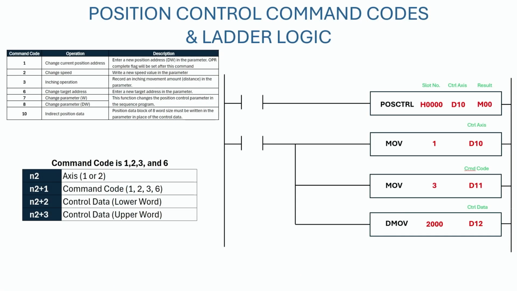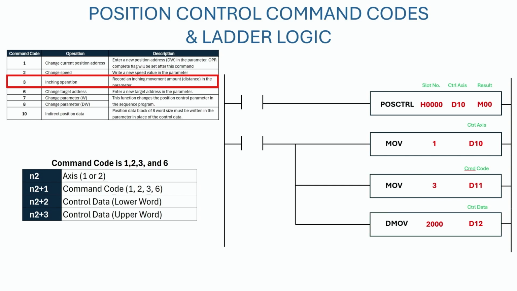For our example, we utilize the x-axis and the inching command, which is code 3. And to set these, we would move 1 into the D10 register and 3 into the D11 register. Then the last parameter will move a double word of 2000 into the D12 register, which would also take up D13 as well, because each register is one word and we're moving a double word.